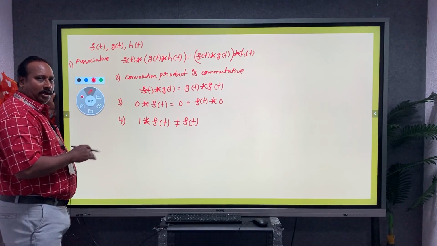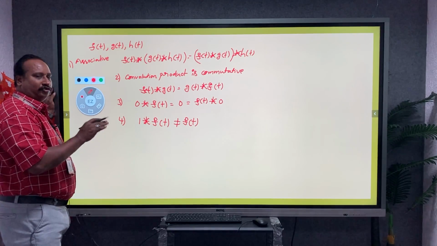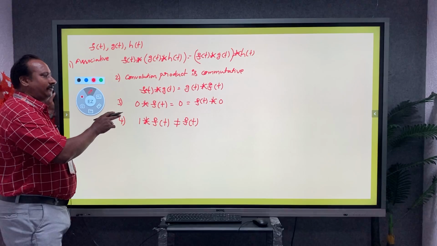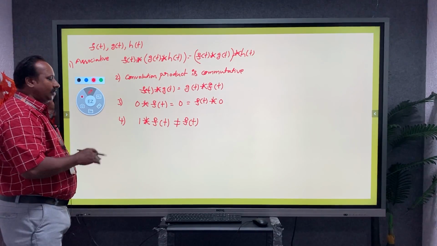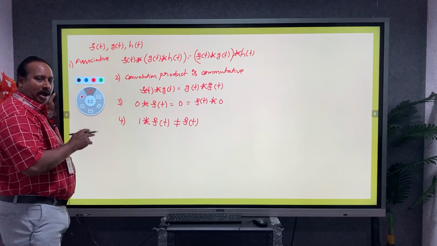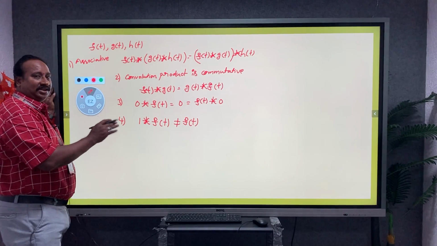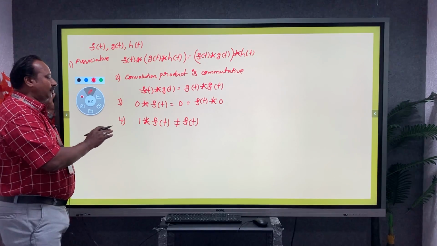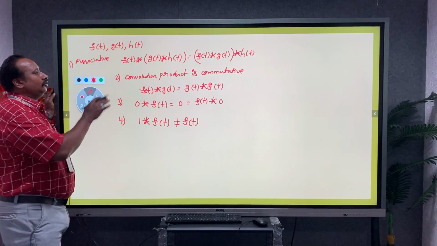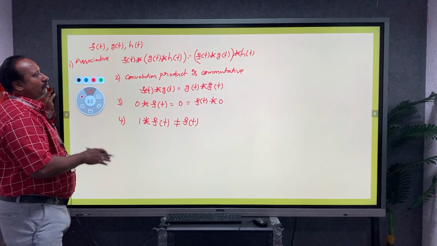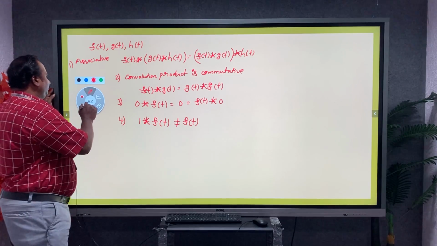Third one, convolution product of any function with 0 gives 0, that is 0 star f of t and f of t star 0 equal to 0. Fourth one, convolution product of any function with 1 doesn't give the same function, that means 1 star f of t is not equal to f of t. So all of you must remember all these four things.